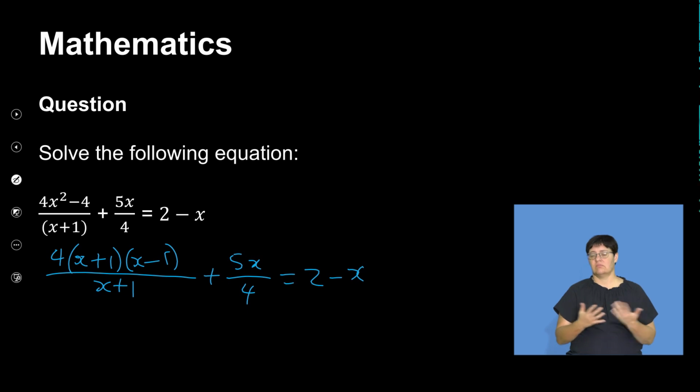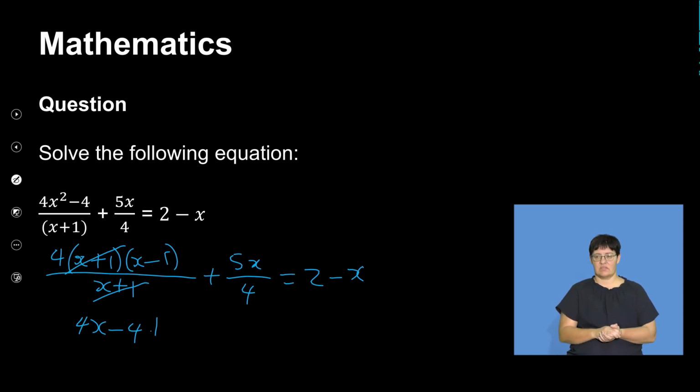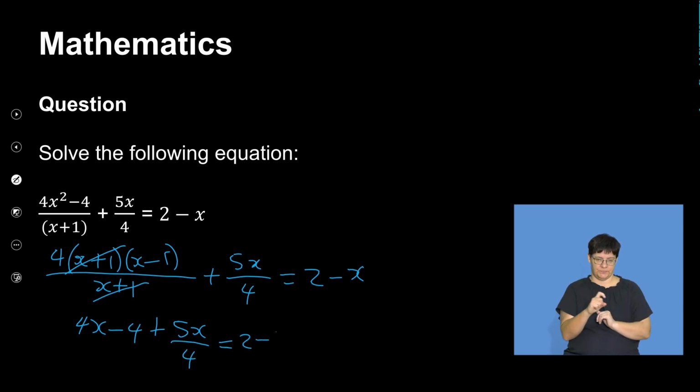And then I need to just simplify this. The x plus 1 and the x plus 1 will divide. It means I'm left with 4x minus 4. I just multiplied in the 4, plus the 5x over 4, and this equals 2 minus x. And then remember, you multiply everything by the LCD as we've been doing.